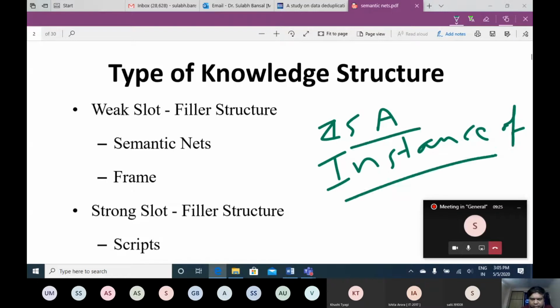When we try to represent our world in the form of objects and their properties and their inheritance links, then those structures are easier to represent a particular knowledge, and then to fetch the necessary information from that knowledge.